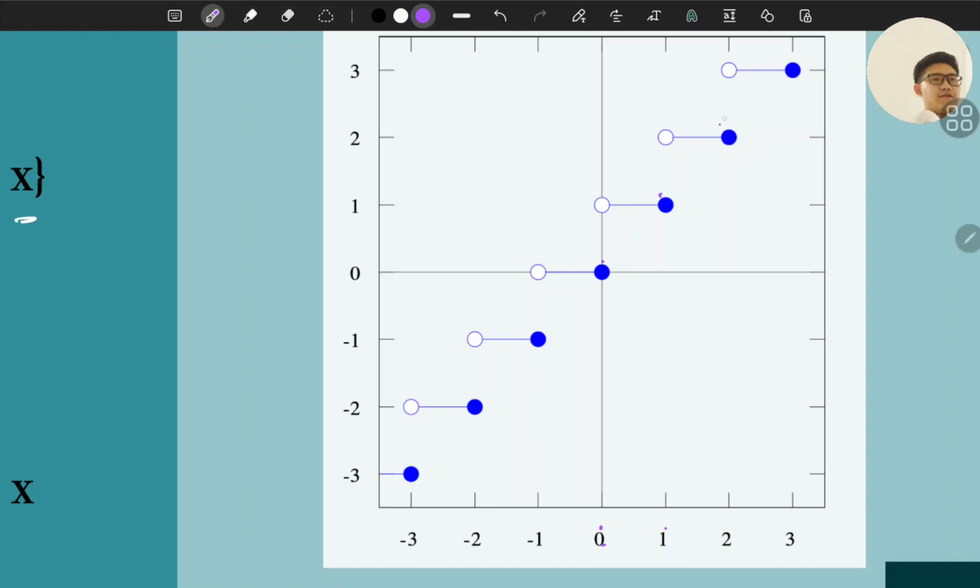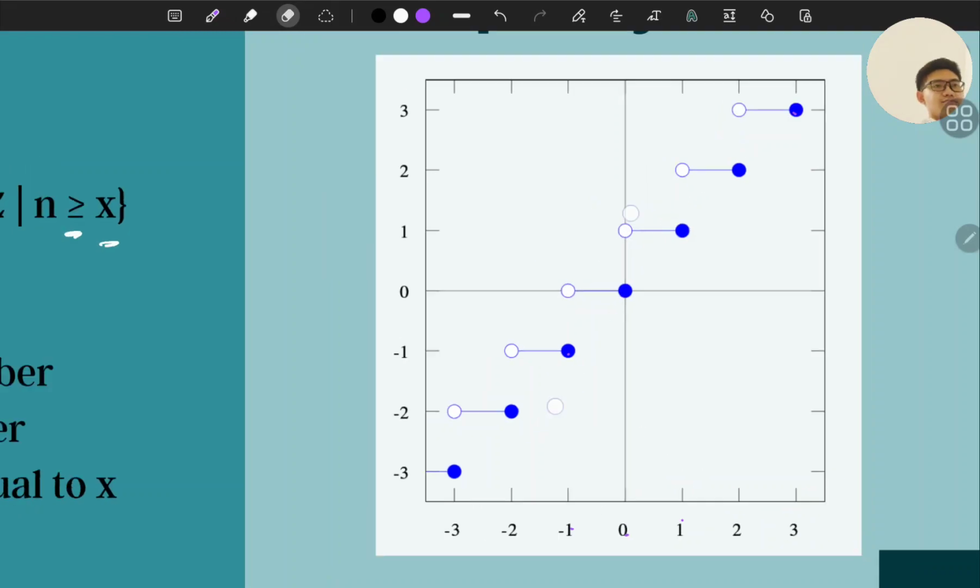Integers will always be assigned to integers, no problem. Where instead, for ceiling, the numbers between 0 to 1 will all be assigned to 1. So basically, it's the smallest integer that is greater than x, which is like all of these x's. The smallest integer that is greater than this guy is 1. Therefore, all of them are 1.